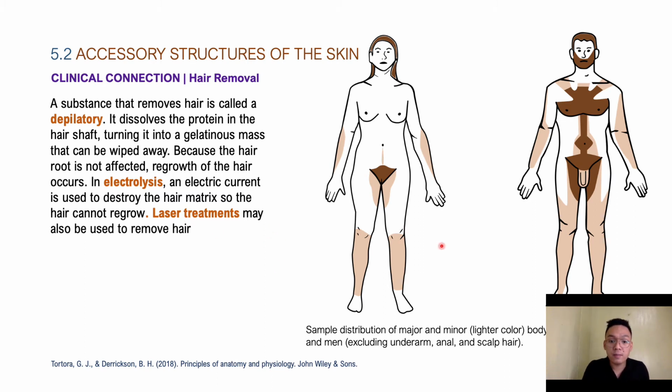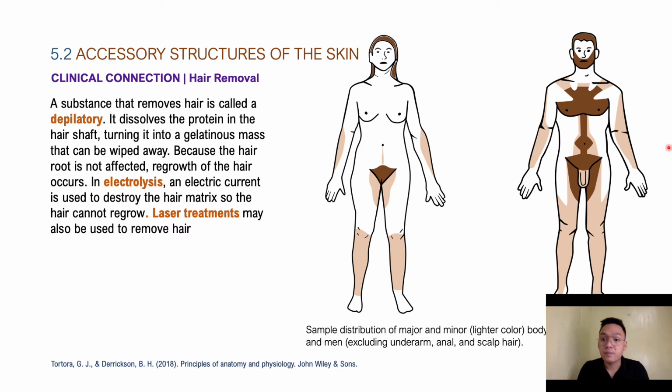These are the distributions of the major and minor. That means the darker color indicates excessive growth of hair and hair follicles, and the lighter brown color indicates minimal amounts.